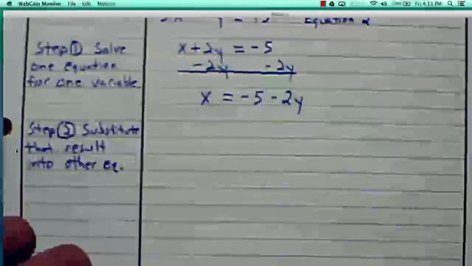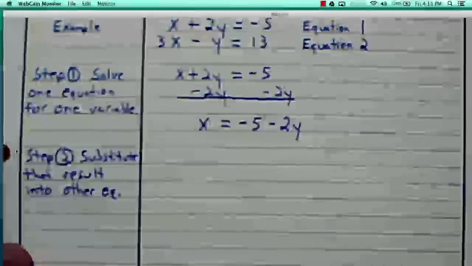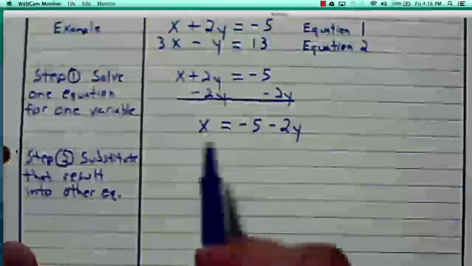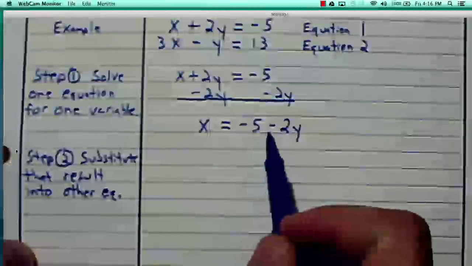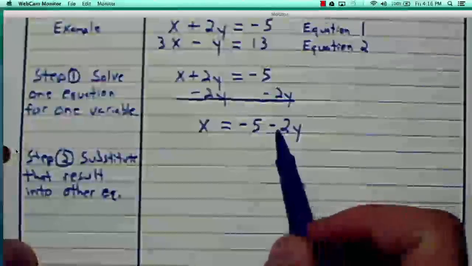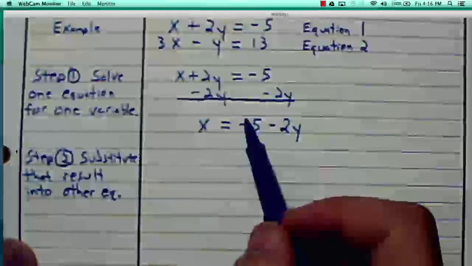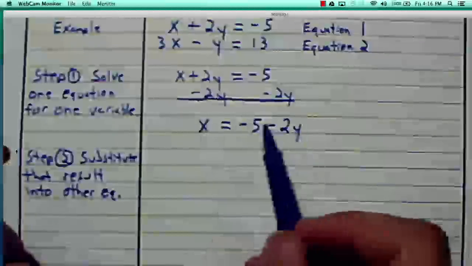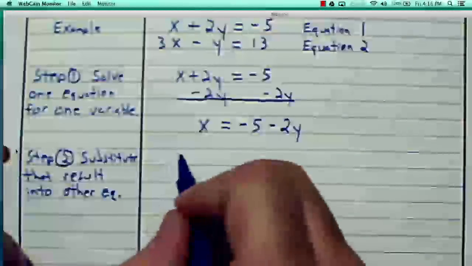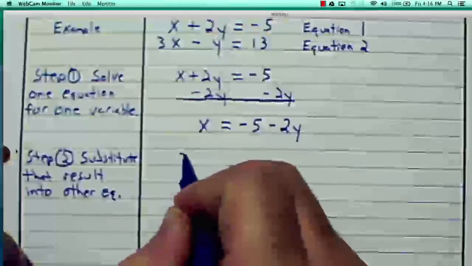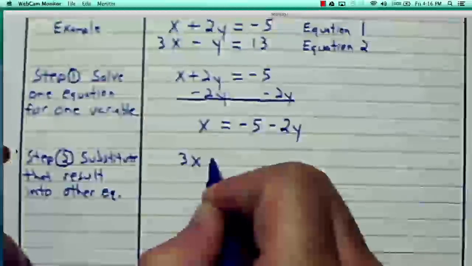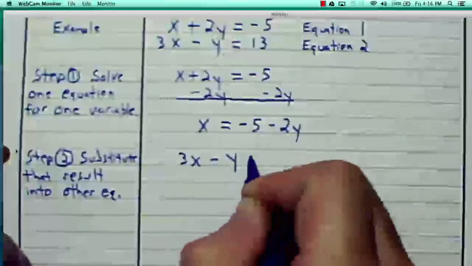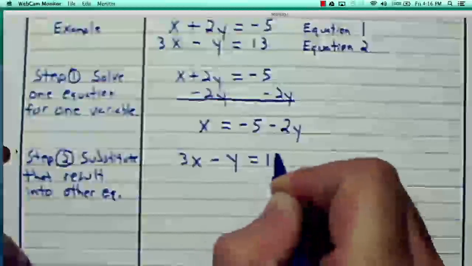Alright, so I have x is equal to -5 minus 2y. I'm going to take that result and substitute it into equation 2. This is equation 1 rewritten. I'm now going to come with equation 2. Equation 2 says 3x minus y equals 13.